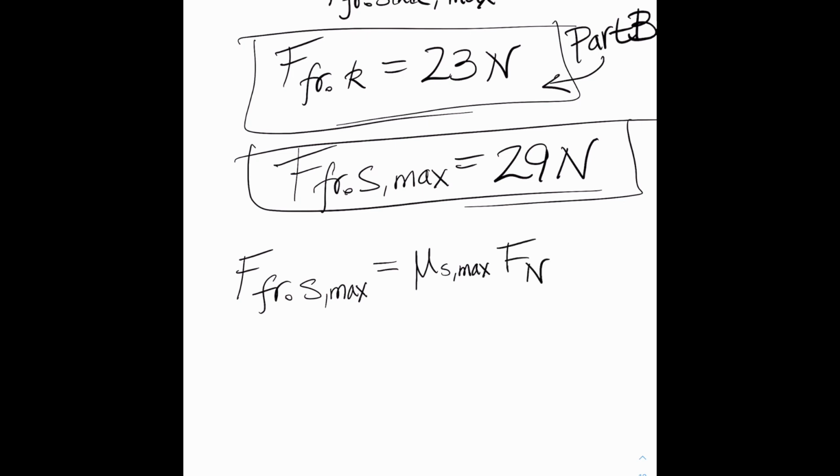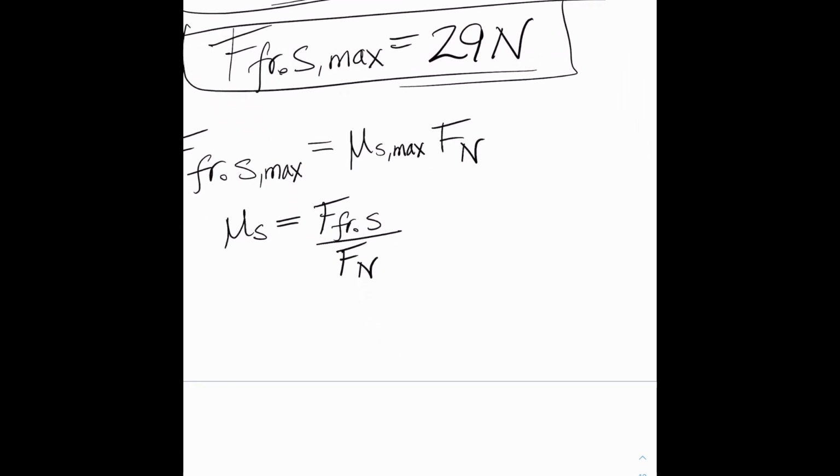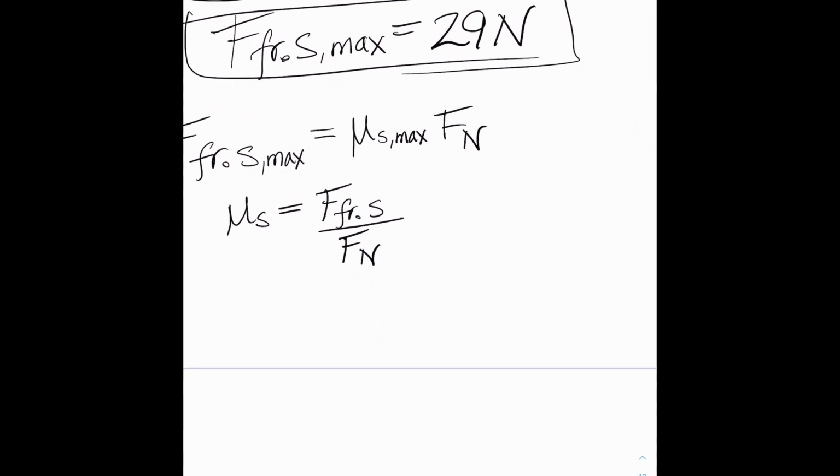This is our equation. Now obviously we rearrange this. We like to write it as mu static equals force friction static, which we know is a maximum, over force normal. And we can go ahead and solve for this.